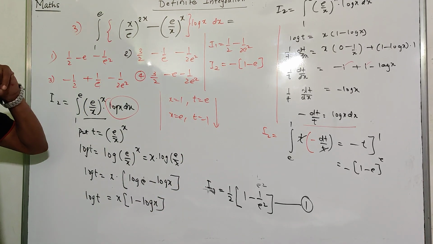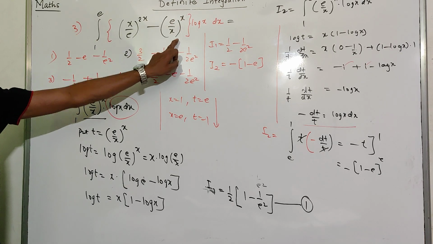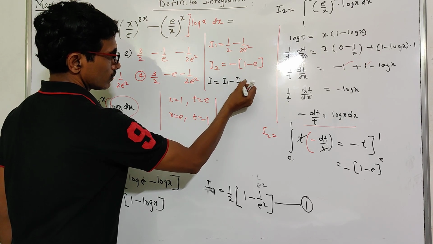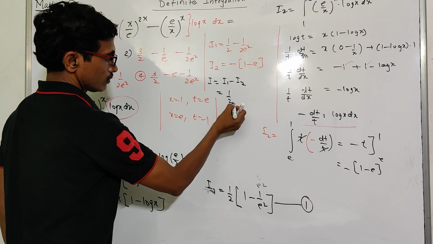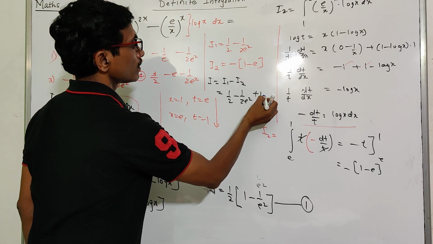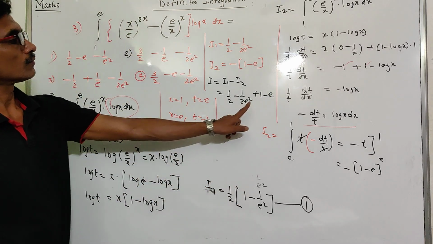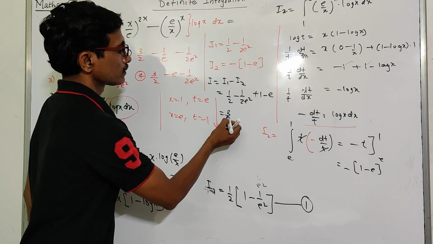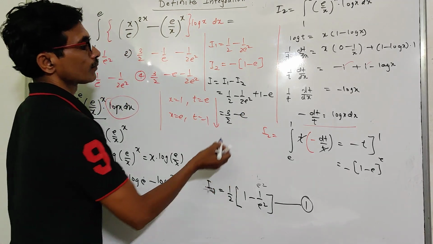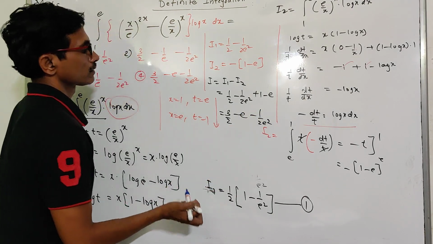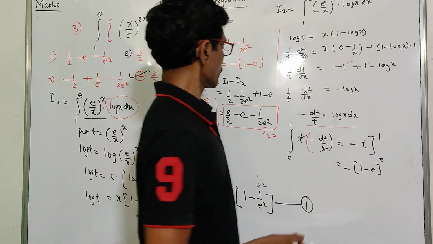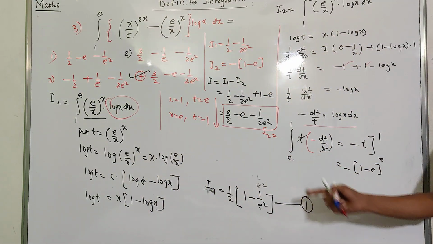So we have I1 minus I2, therefore the required integral I is equal to I1 minus I2, which is 1 by 2 minus 1 upon 2 e square, minus of minus, this will be plus (1 minus e), so that it is 1 by 2 and 1, that is 3 by 2, minus e and minus 1 upon 2 e square. So the correct option is 3 by 2 minus e minus 1 upon 2 e square.